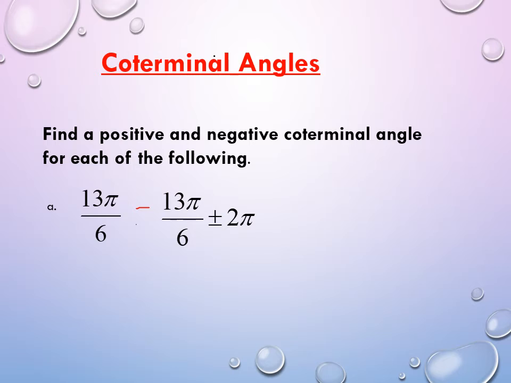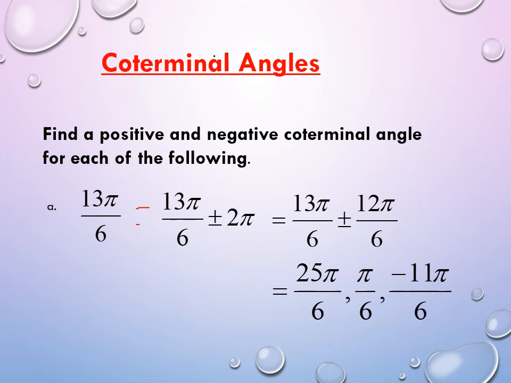So this one equals 13 pi over 6 plus or minus 12 pi over 6. So the first one added would give us 25 pi over 6, and the other one subtracted will give us pi over 6.